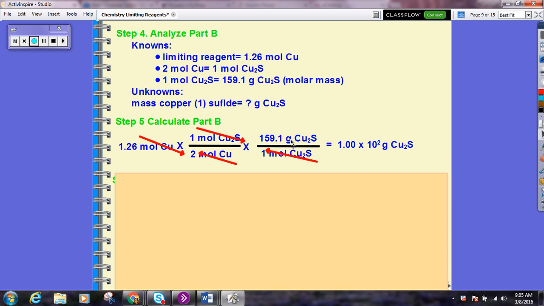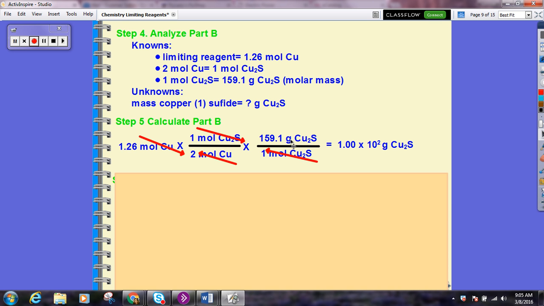We know that it's 159.1. We're able to cross some units out, so that we know that we're only left with grams of copper 1 sulfide. Our total equation ends up being 1.26 times 159.1 grams copper 1 sulfide all over 2.